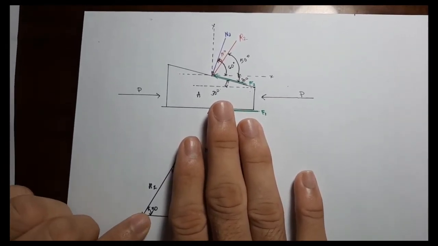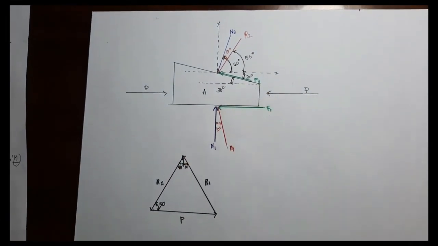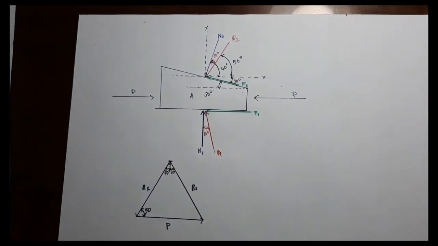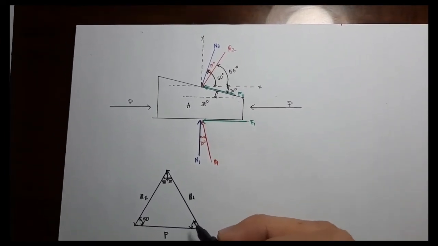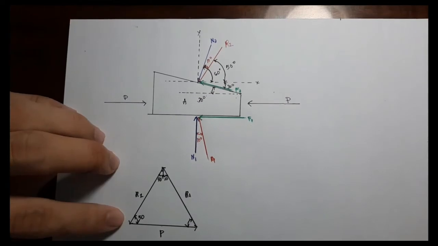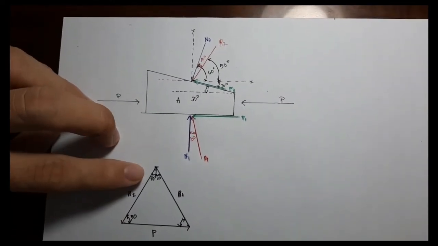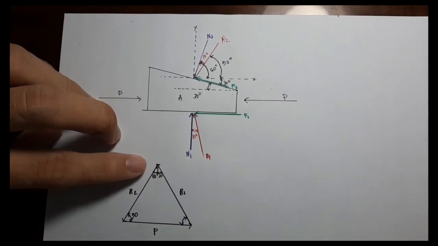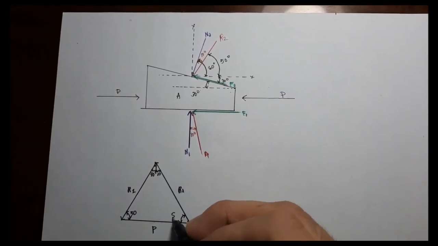So 90 minus 50 is equal to 40. Next, in order to get the angle here, we need to sum up the angles from here and here. So 50 plus 50 is equal to 100, and 180 minus 100 will be 80. So this angle will be 80.